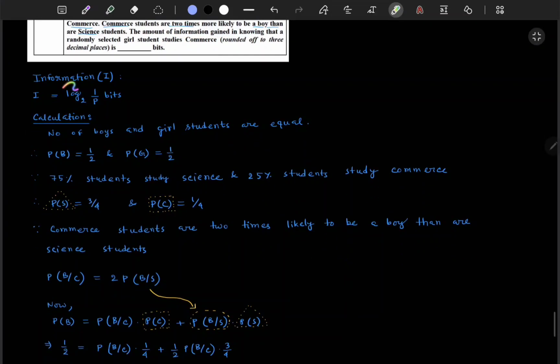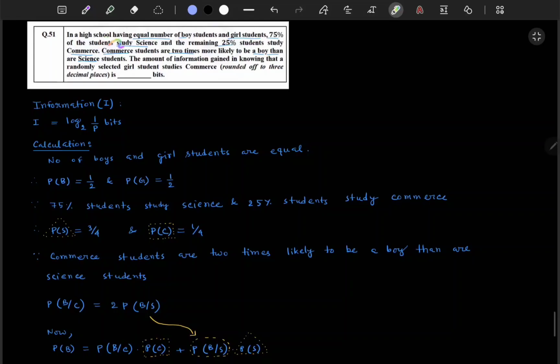So information we calculate in this form: log base 2 of 1 by p bits. The number of boys and girl students is equal. It is mentioned that in the high school equal numbers of boys and girls are there. So P(B) equals 1 by 2 and P(G) also equals 1 by 2. Now 75% of students study science and 25% study commerce.